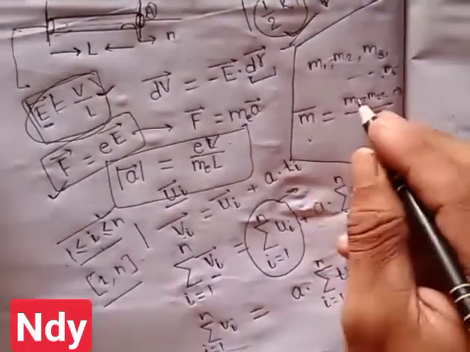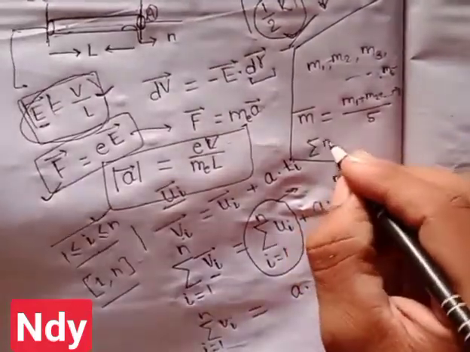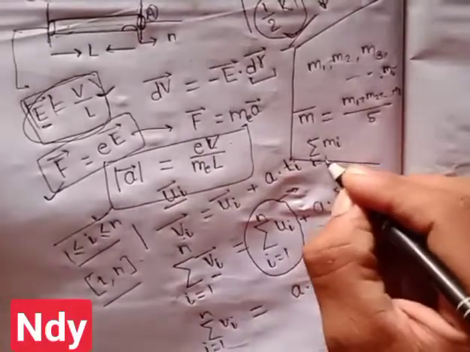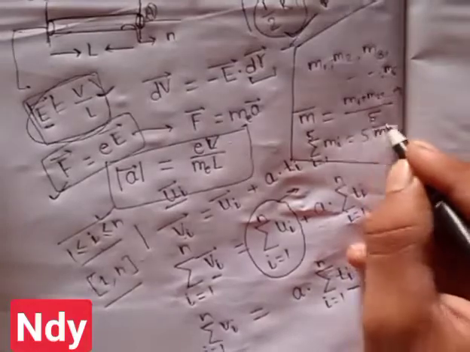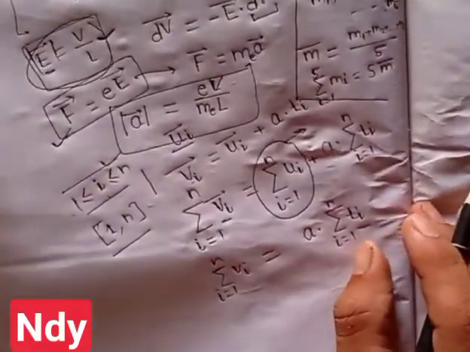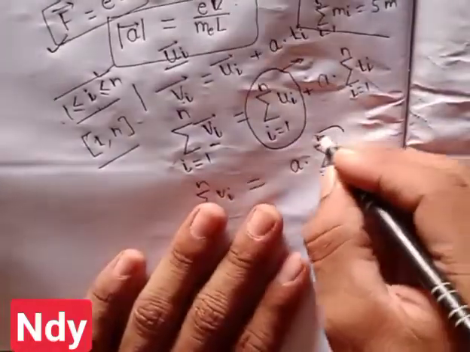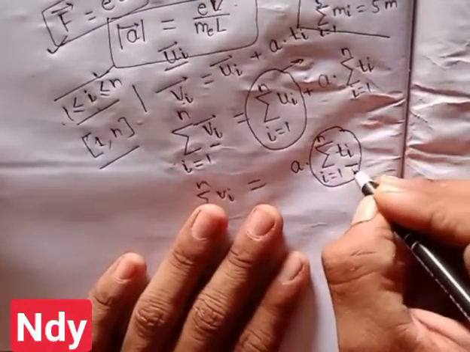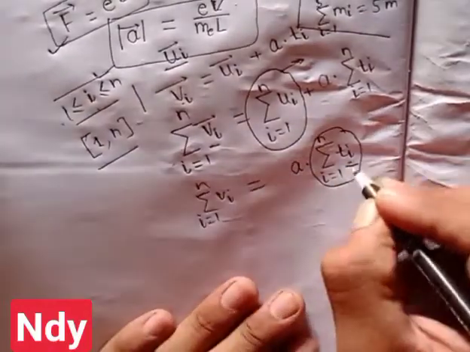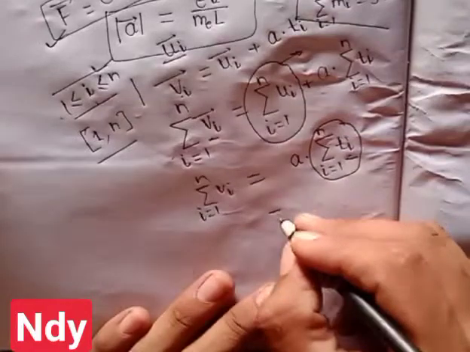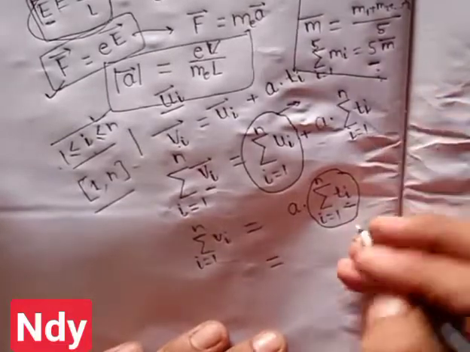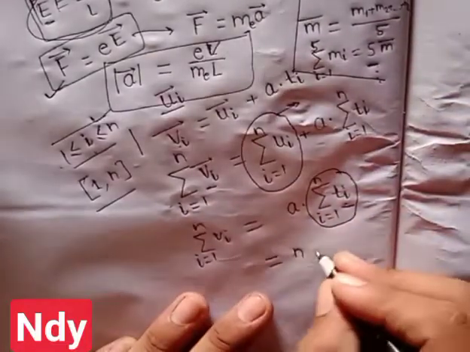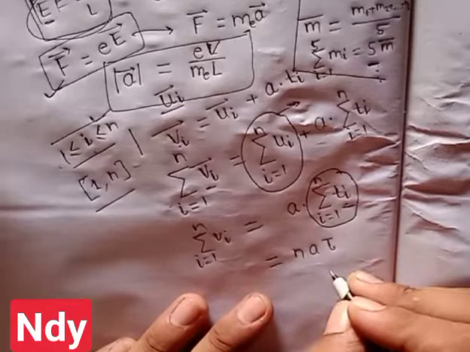So this summation, sigma mi, i runs from 1 to 5, will be 5 times m bar. So for this time, if the average of all these be tau, analogous to this we can write n a tau.